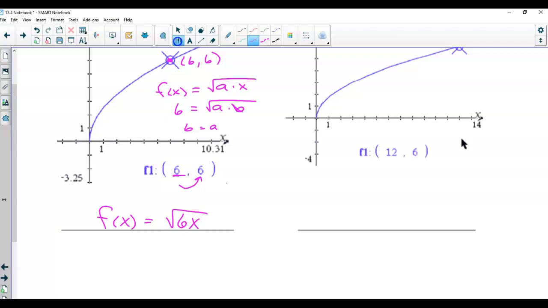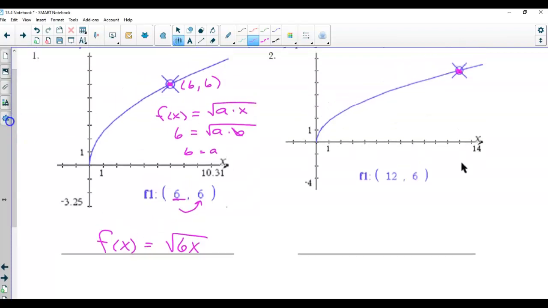It'll make a little bit more sense over here, hopefully, when we're taking this point here. We have this point right up here, 12 comma 6. Think about this: my output is 6. What multiplier am I taking times 12 to get 6? I can think of solving an equation here really quick. If I square both sides, I'm going to get 36 equals 12a.